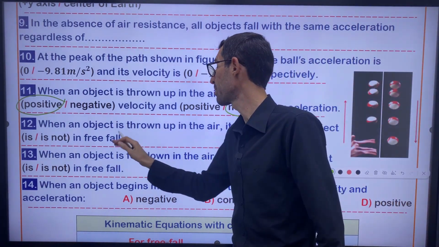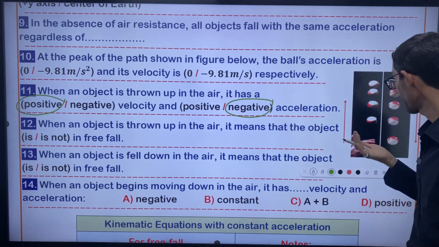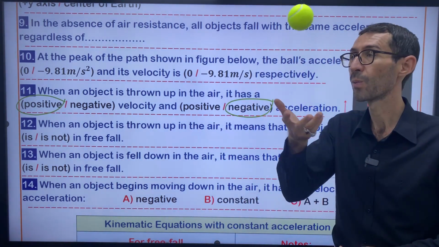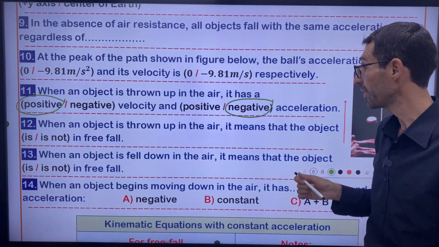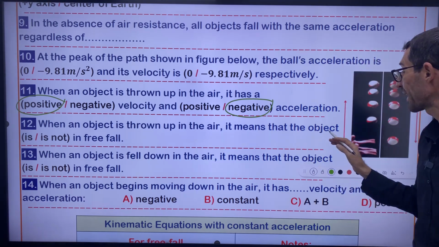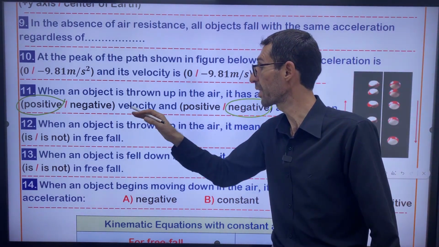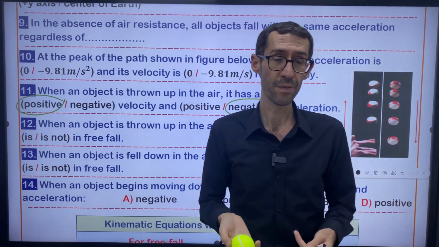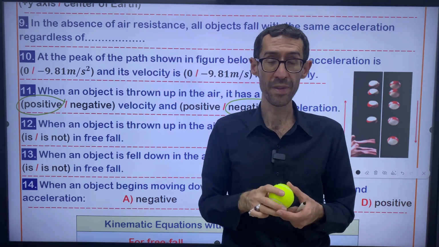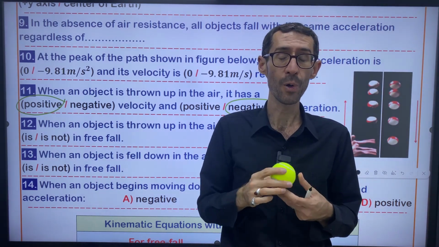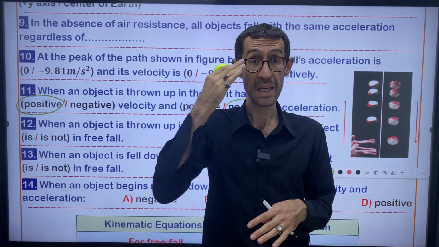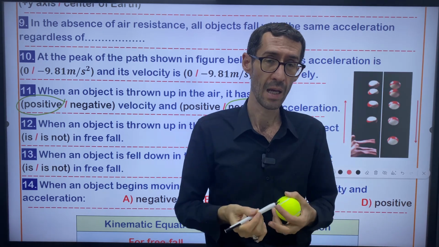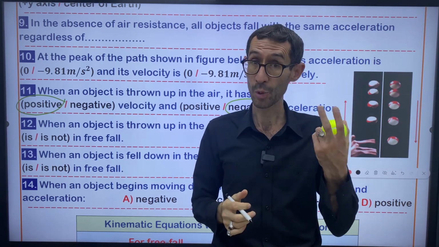Number 12: When an object, like this tennis ball, is thrown up in the air, it means that the object is or is not in free fall. Of course, I told you free fall is of two types: whether you throw the ball up or whether the ball falls down. Both cases are considered free fall.